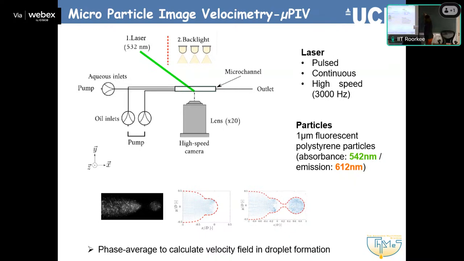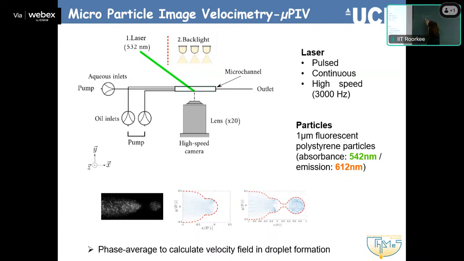Then in quick succession, the camera takes another image where the particles have moved here. Then there is an algorithm within the software that cross-correlates the positions of the particles.